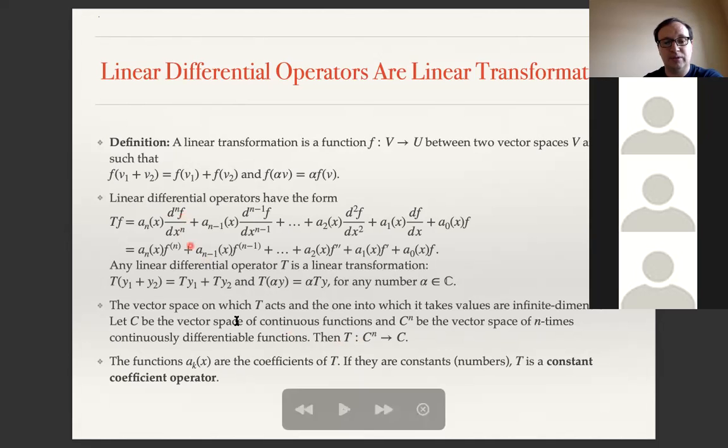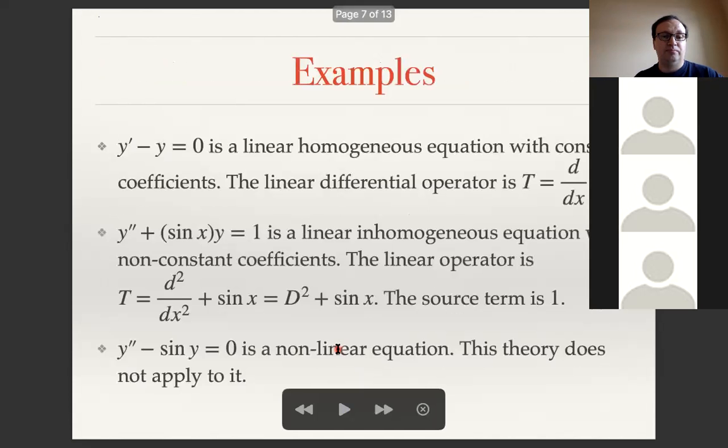So this means that a good choice for the vector space is C^n, the space of n times continuously differentiable functions, and this takes values in C. By C, I mean just the space of continuous functions. Both C^n and C are vector spaces, and T is a linear operator between them.